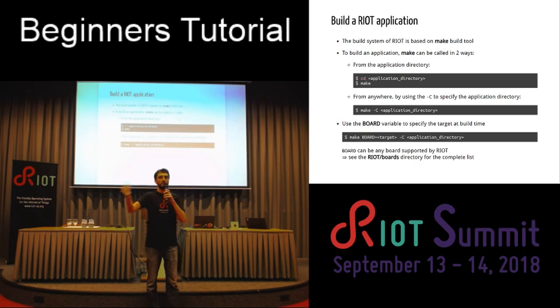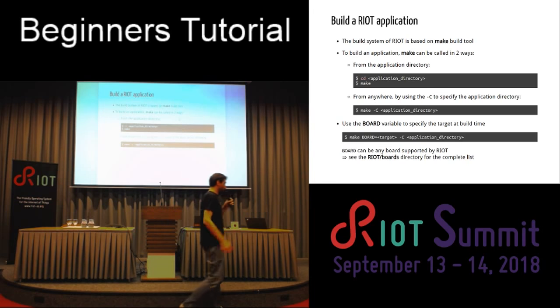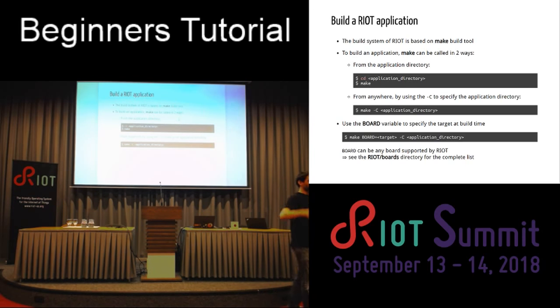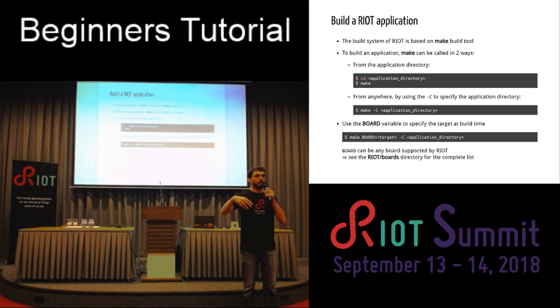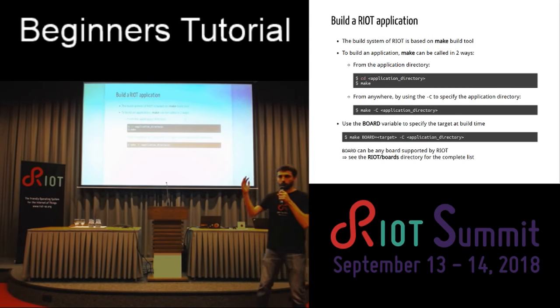First way, you cd to change directory to there, or you can use the -C parameter of make with the given directory. This is what I'm using personally. I cd to the RIOT base directory, and then if I want to build an application, make -C directory to the application, and it's done.